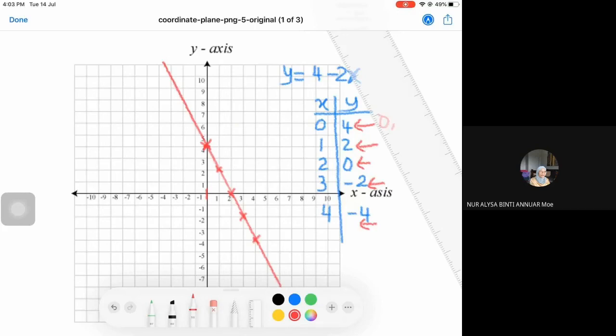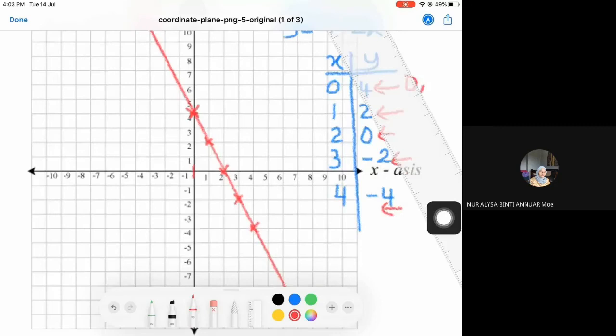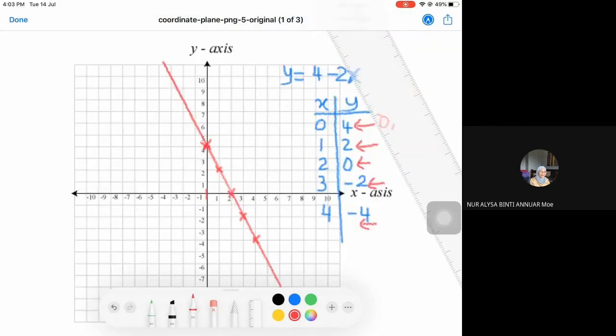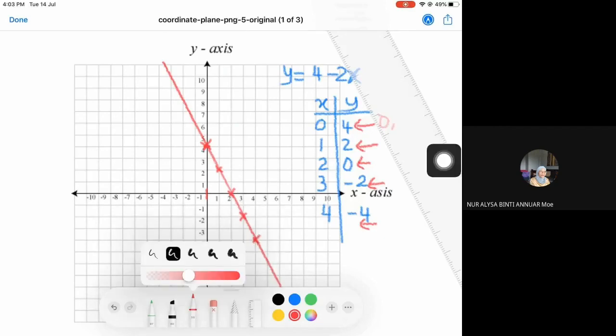Macam mana cara dia? Macam ni. Now, if you observe, cuba tengok ni. Kalau kita pergi yang bawah ni. I hope I can enlarge it. Tak boleh lah. Okay, sini X is 4. Use different color. Sini X is 4, Y is negative 4 kan?